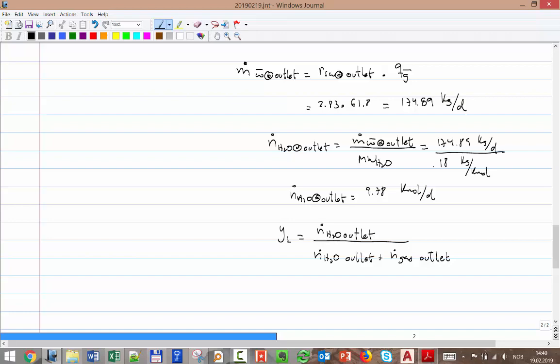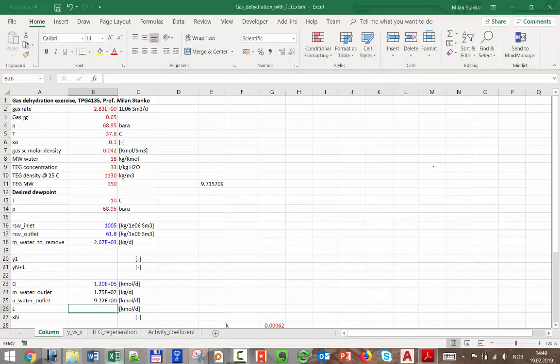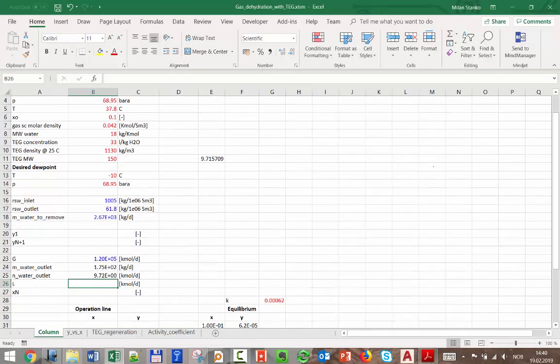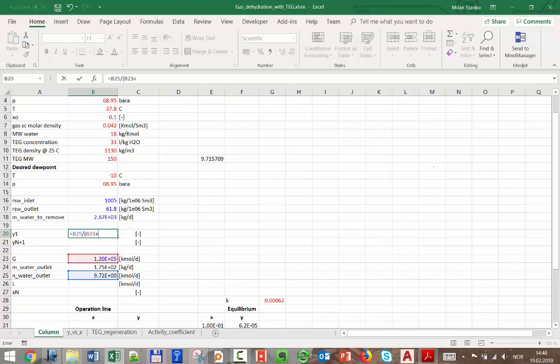So I divide this number of moles by the number of moles of gas plus the number of moles of water. And it should be a very small number. That's how much water it has.